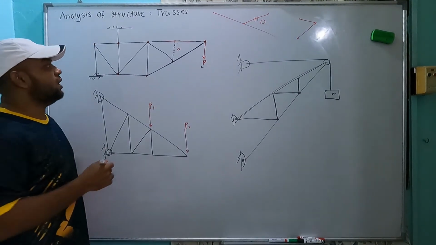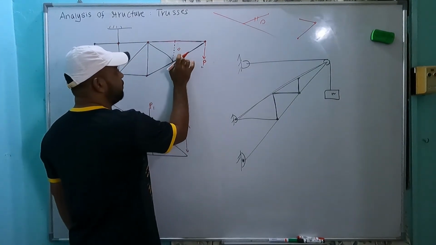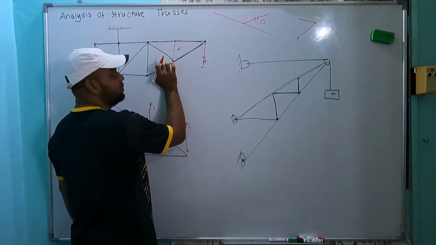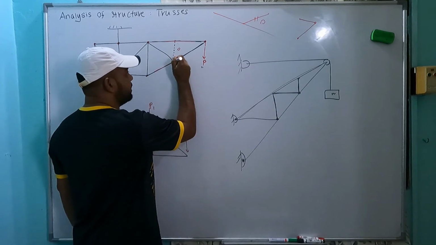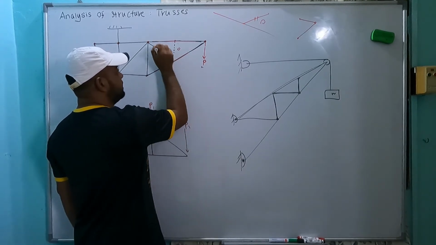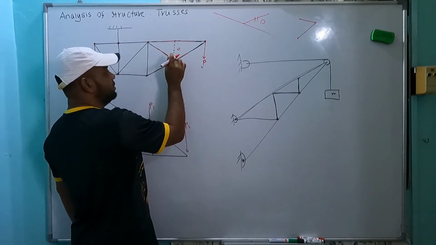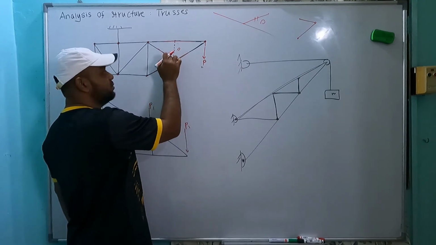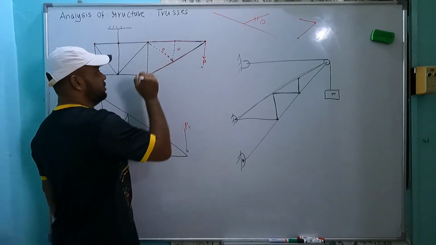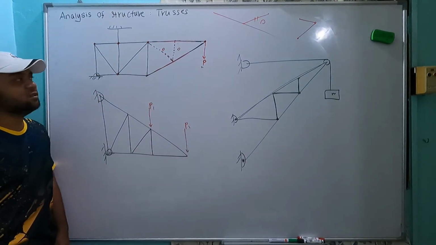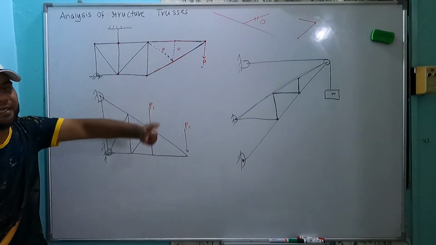Now from the beginning, here we have 1, 2, 3, 4 components, but since we have eliminated this one, now it becomes one here in the same line, and the other one is here which is not in line. So the third one here is also 0. I have eliminated 2 parts from here.